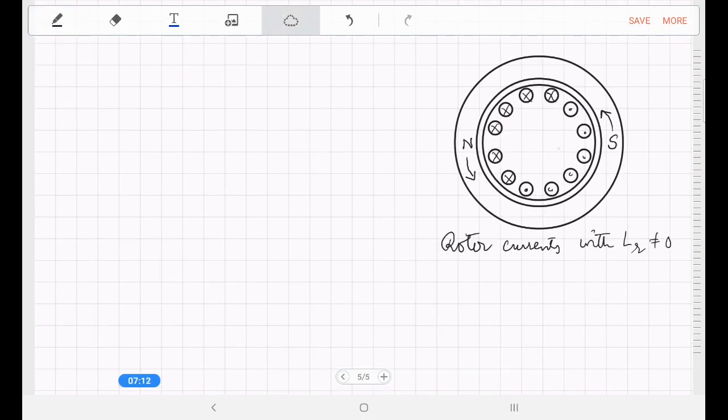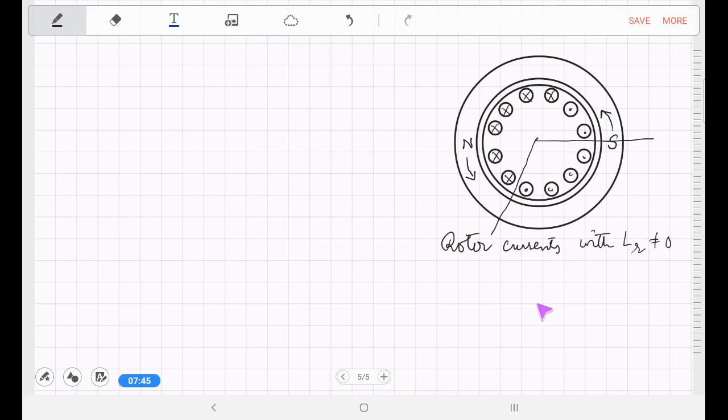So we see that with the rotor inductance included, the currents in the rotor conductors are lagging their EMFs. The EMFs have a center line here, the dividing line here, but the rotor currents will have a dividing line here, and therefore the rotor field will be directed along this line, and the stator field is directed along this line.